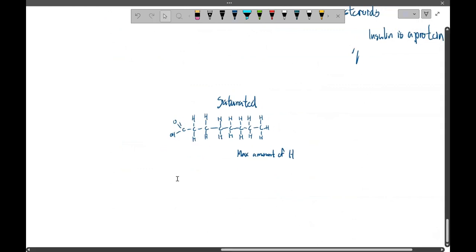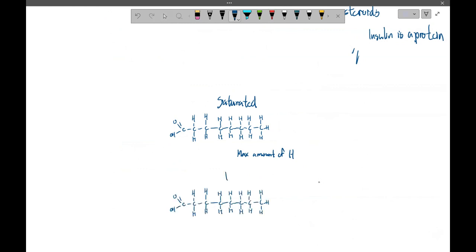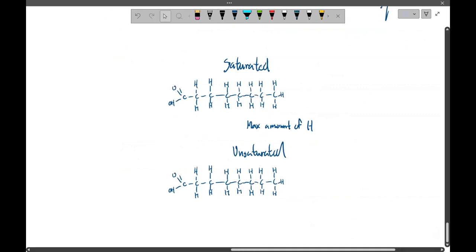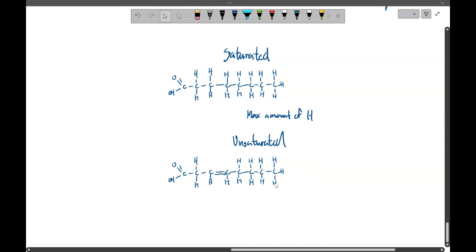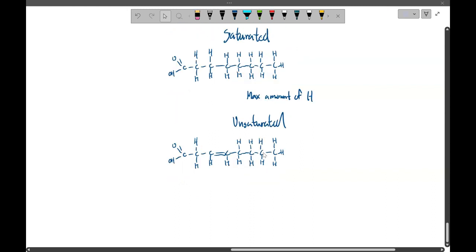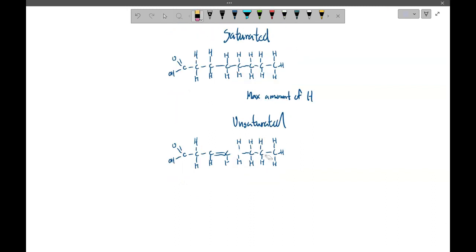And that might lead you to conclude, rightfully so, that unsaturated means that it has less than the maximum amount of hydrogen, and that happens when you have a carbon that's double bonded to another carbon, and that leads to spaces where hydrogen could be, but isn't. Now, normally it doesn't look like this.